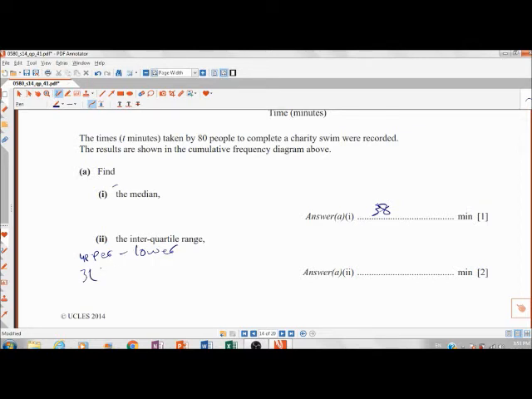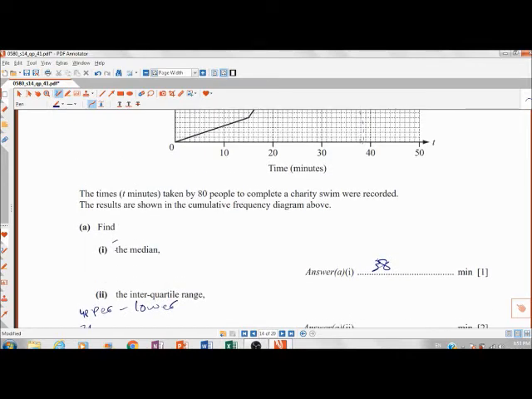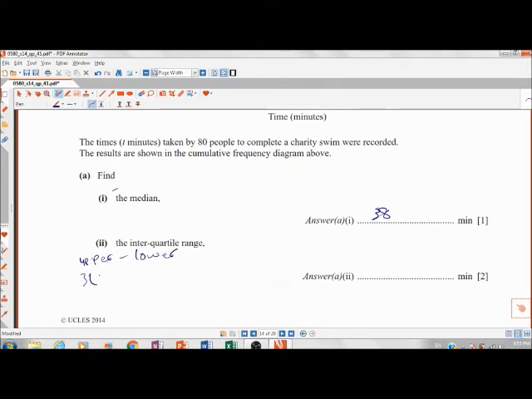The time here is 50, so 50 times 3 over 4, minus the lower quartile, which is 50 times 1 over 4. That would give you 25.5. That's your answer, 25.5 minutes.